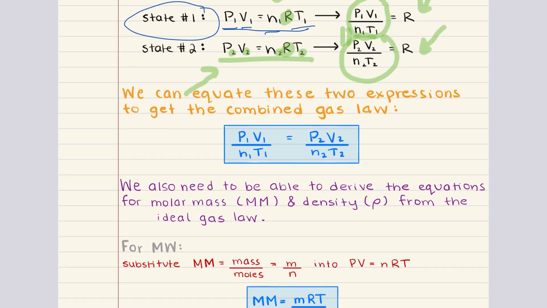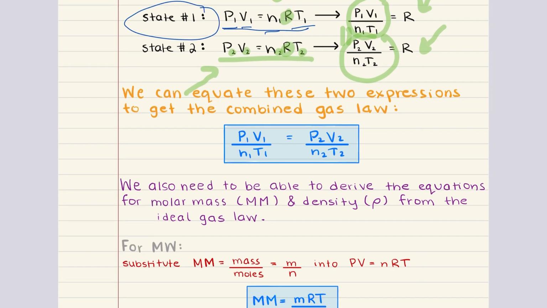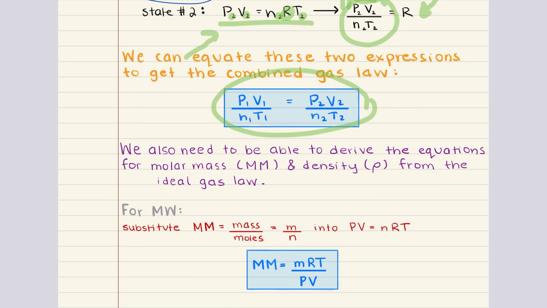And that gets us the combined gas law, which allows us to solve for any of the variables when a gas transitions from one state to another. Now, if the number of moles remains constant, meaning no gas is added or removed, the equation actually simplifies since n1 and n2 are going to be equal. So then we have P1V1 divided by T1, that's equal to P2V2 divided by T2.